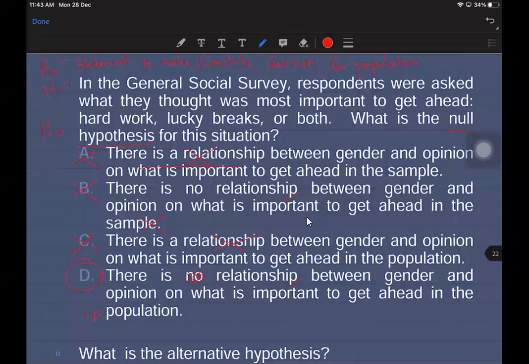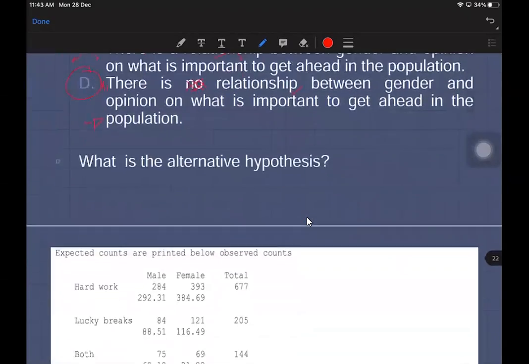So this will be the alternative: there is a relationship between gender and opinion on what is important to get ahead in the population. The null hypothesis has the words no relationship. For the alternative, the words will be there is a relationship. So that is the difference between null and alternative.